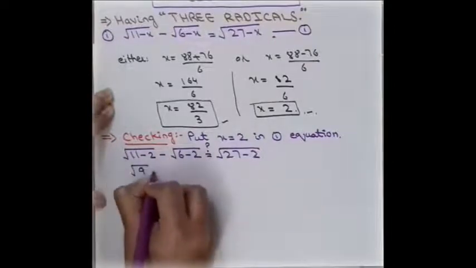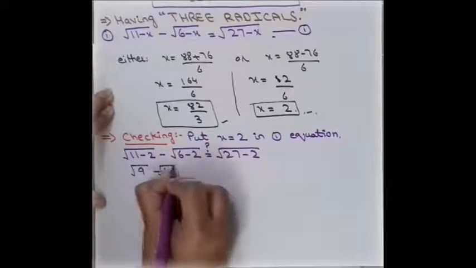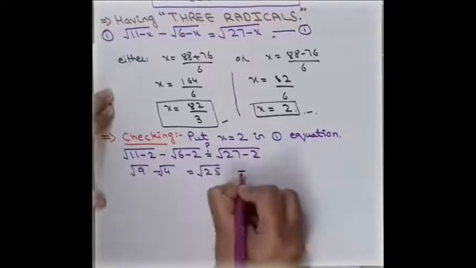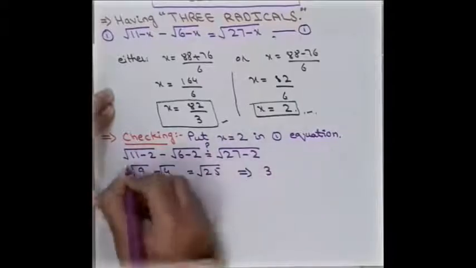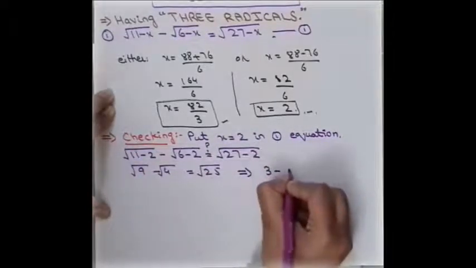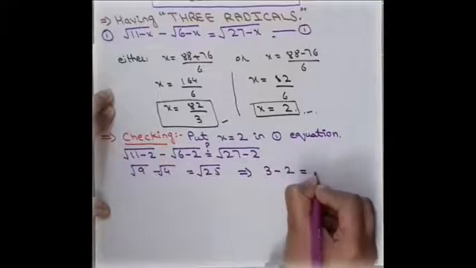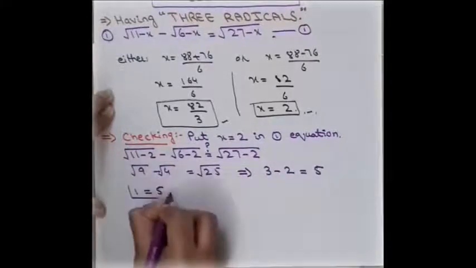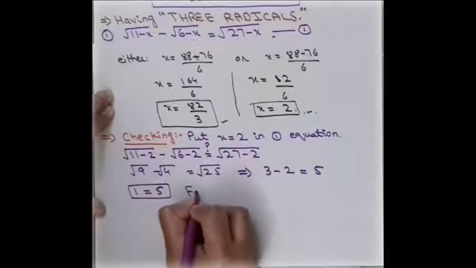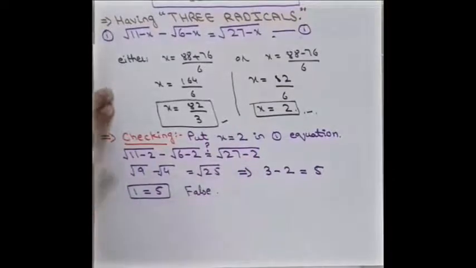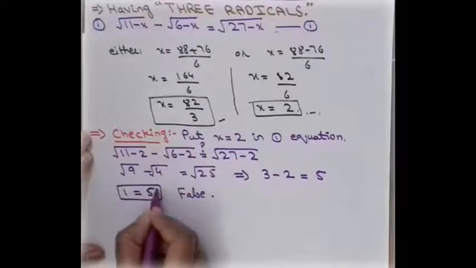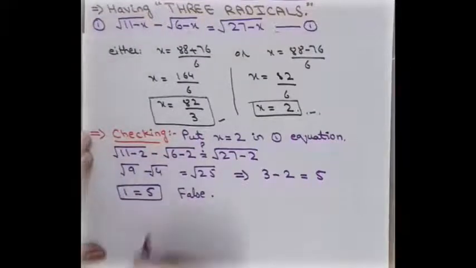The next step is the square root of 9 is 3 minus the square root of 4 is 2, which is 1, and it is equal to 5, which does not hold. So it's invalid. The equality does not hold as 1 is not equal to 5.